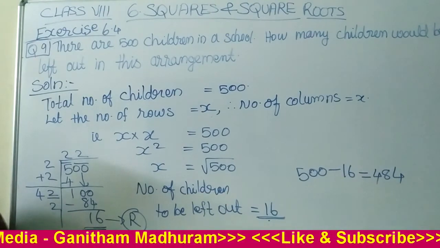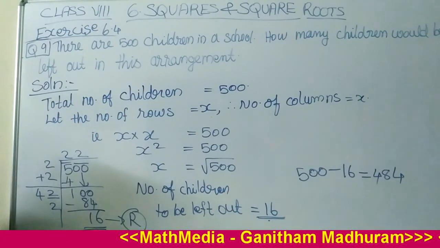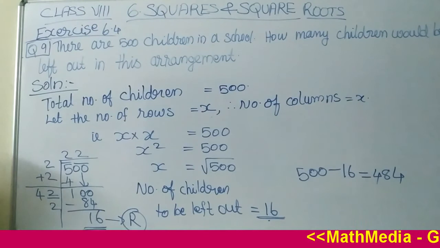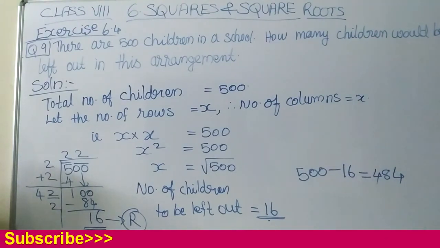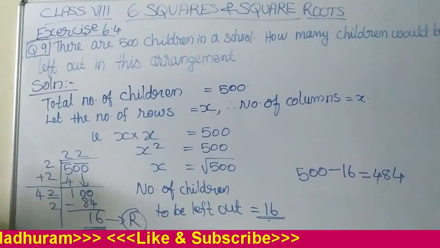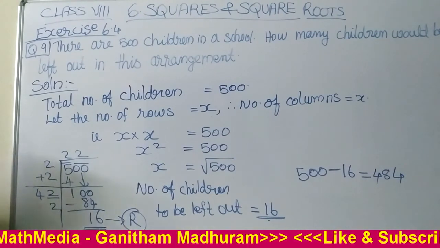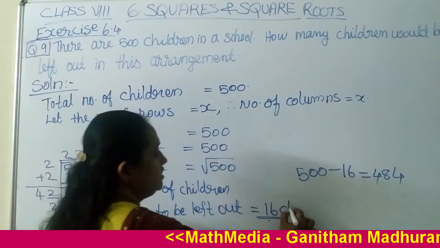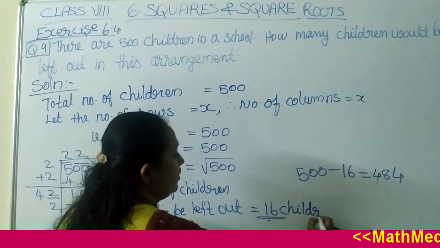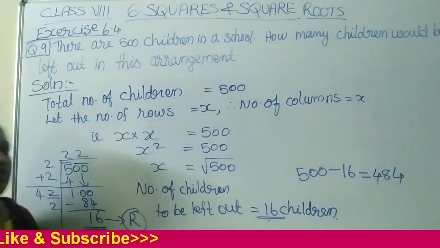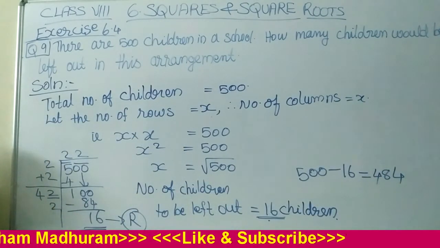So our question is, to make such an arrangement, how many children would be left out? The number of children to be left out equals 16. That is, 16 children are to be left out from the arrangement, so that the number of rows and columns will be equal.